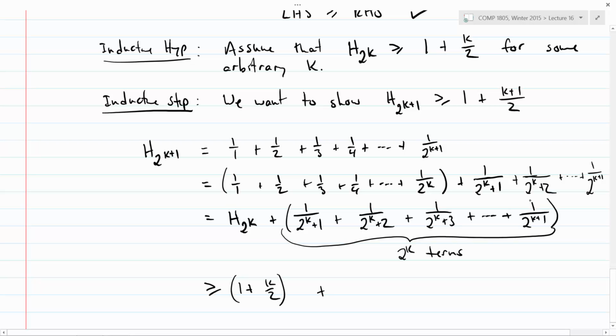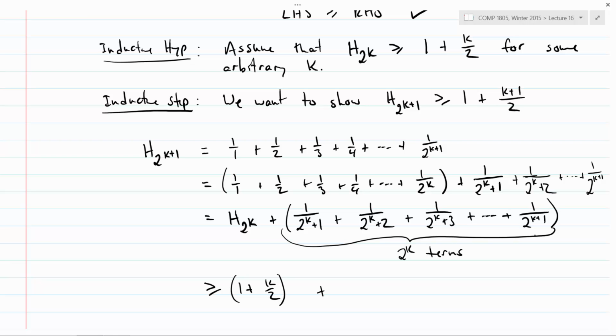So the smallest term is this one here. And how many terms are there? There's 2 to the k. So one way I can get a lower bound on that sum is I multiply the smallest term by the number of terms. And that'll give me a lower bound on how big the sum is.